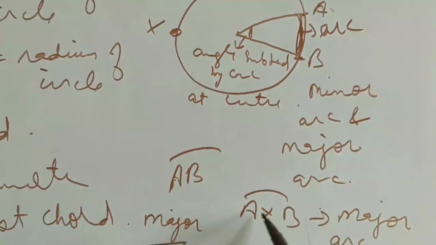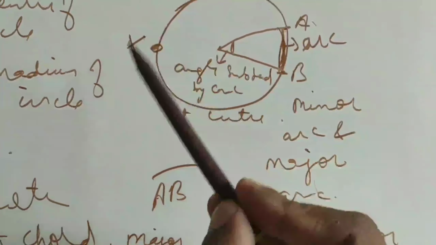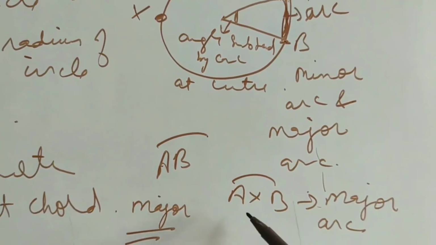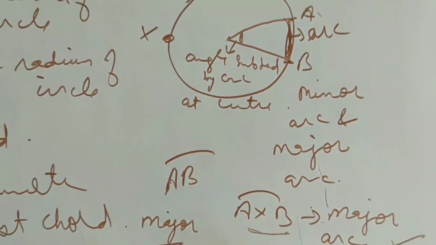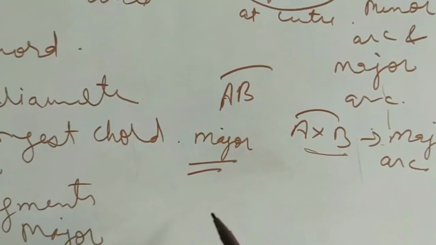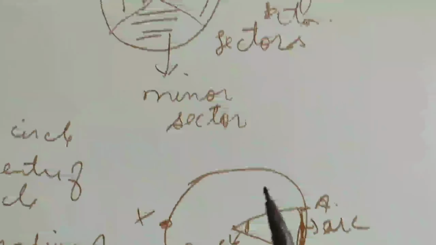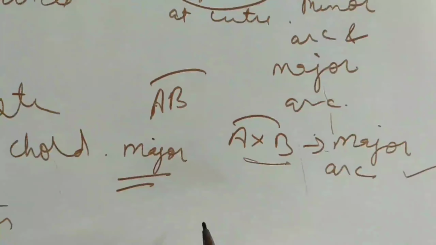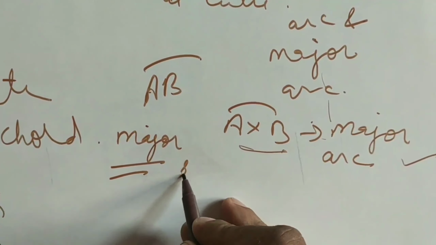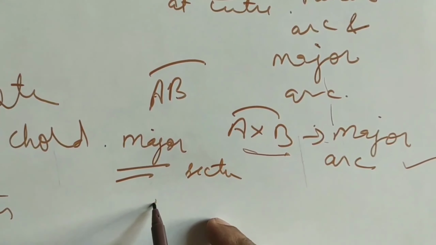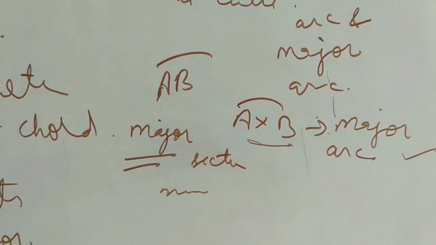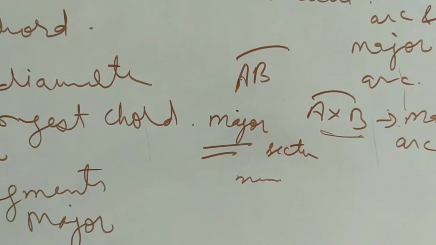So arc AXB means major arc AXB, whereas in segments or sectors, it will be clearly mentioned that we need the major sector or the minor sector, similarly for the segments.